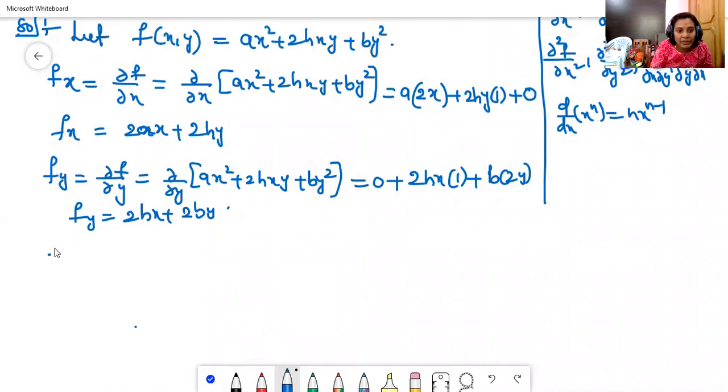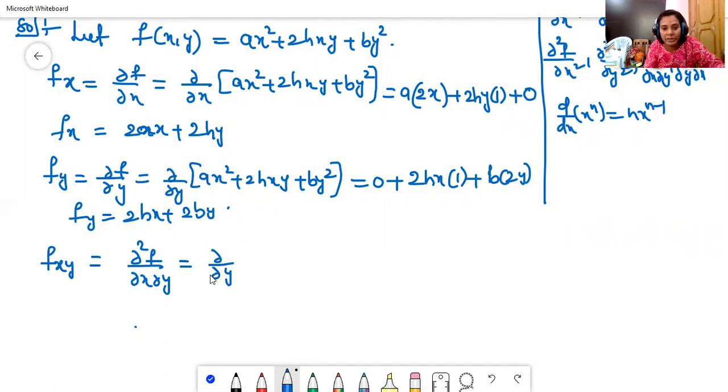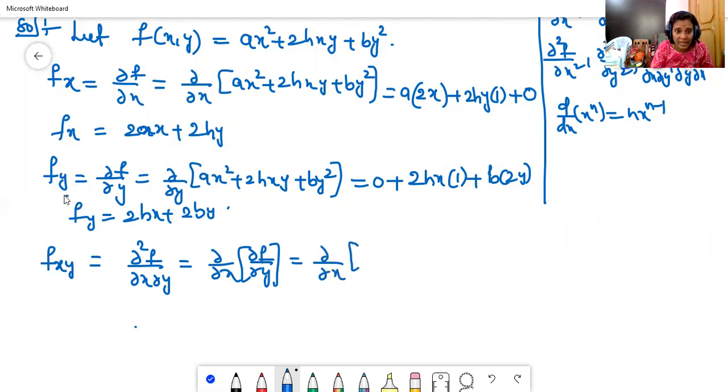Next, again find the second derivatives. f_xy, that is ∂²f/∂x∂y, equals ∂/∂x of ∂f/∂y. That is ∂/∂x of f_y, which is 2hx + 2by.